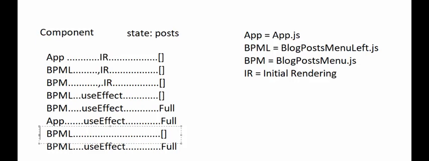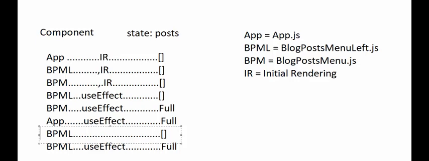BPML goes like initial rendering, only rendering without calling useEffect, because useEffect depends on post, and post did not change. BPML doesn't see that change because the change has not happened yet. BPML goes through rendering without useEffect.